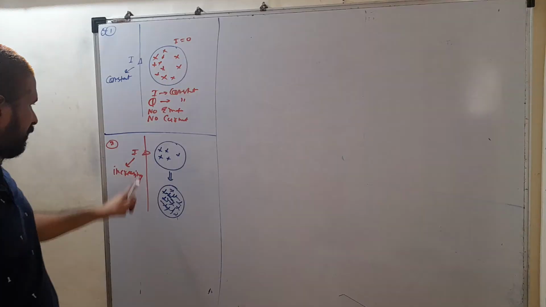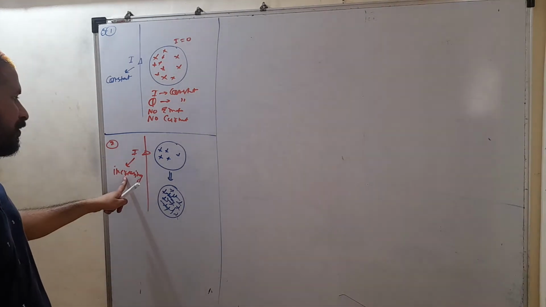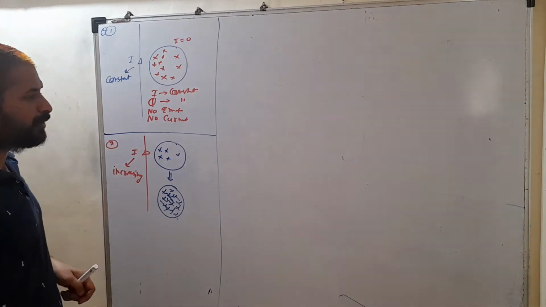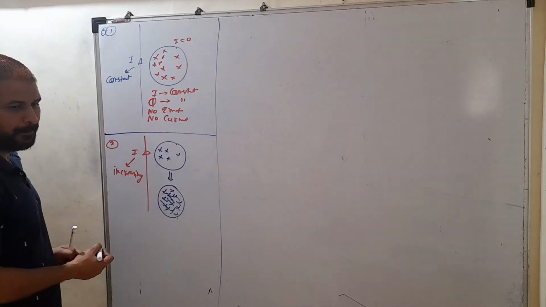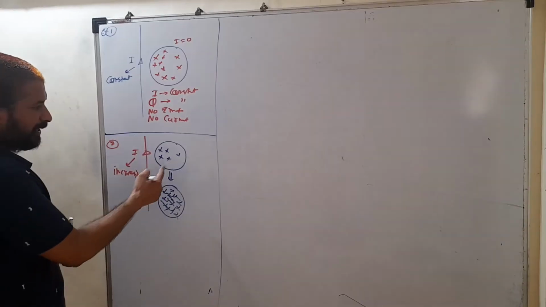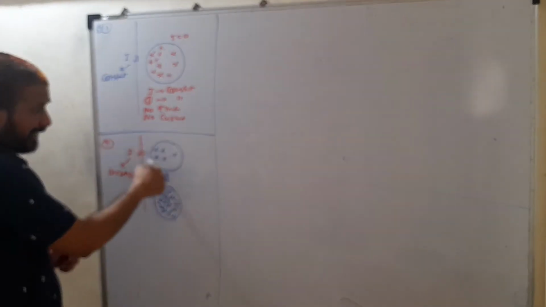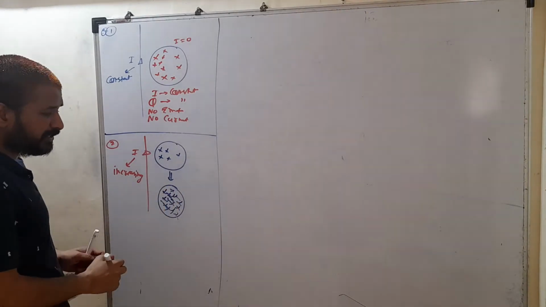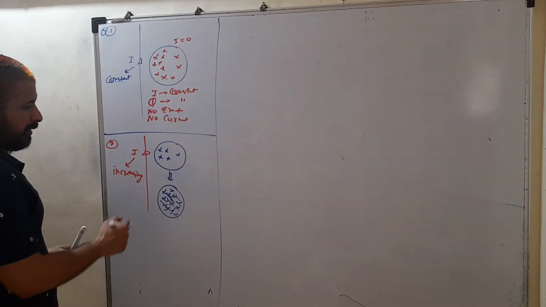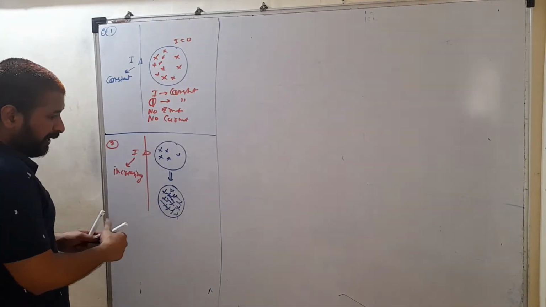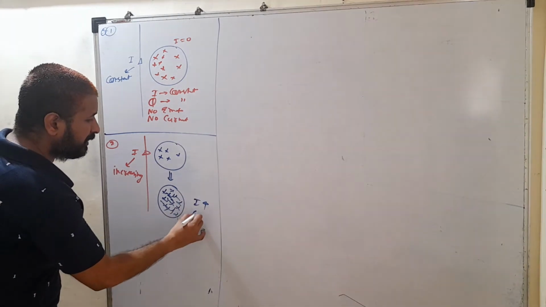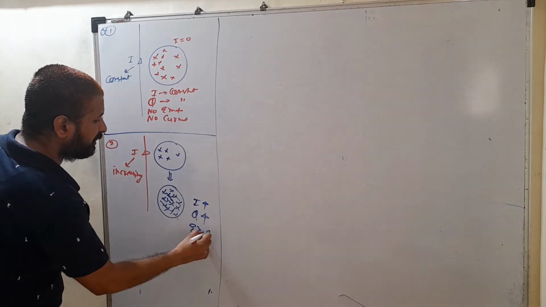Because the current flowing in this straight wire is an increasing current. So when current increases, field also increases. Because of that, the inward flux across this loop increases. So EMF is induced because current increases, so flux increases.